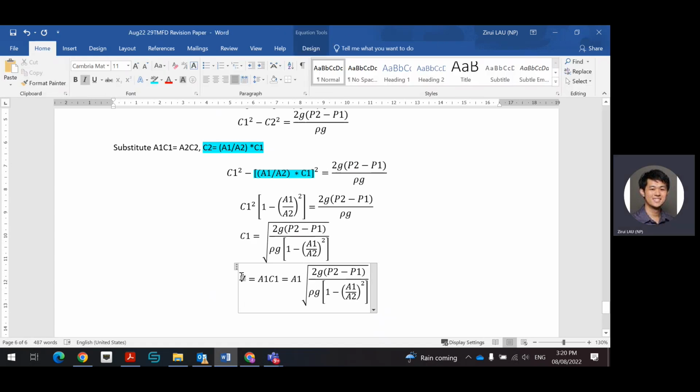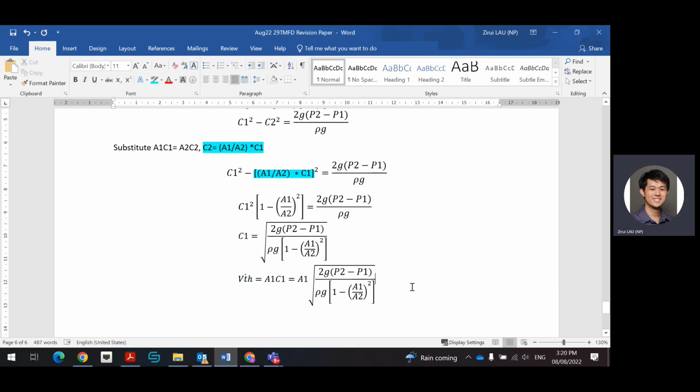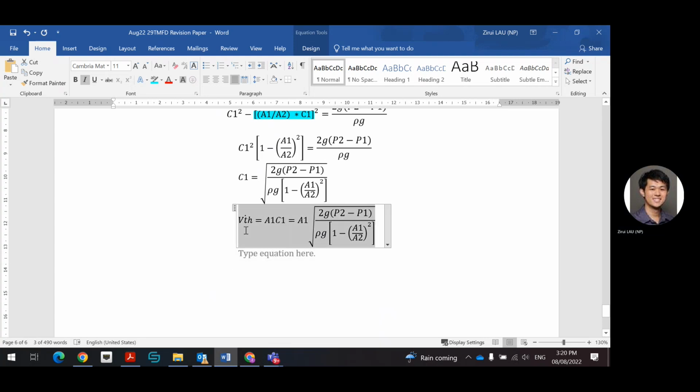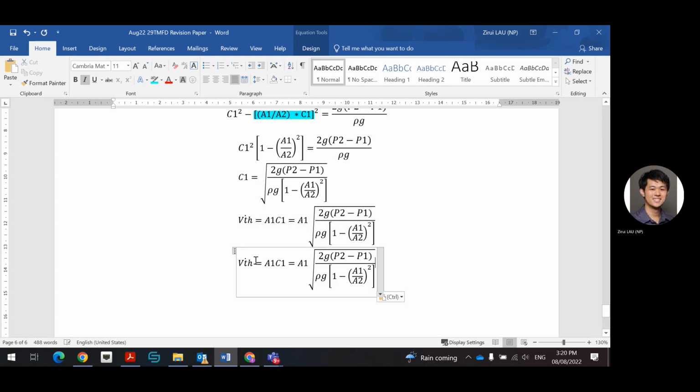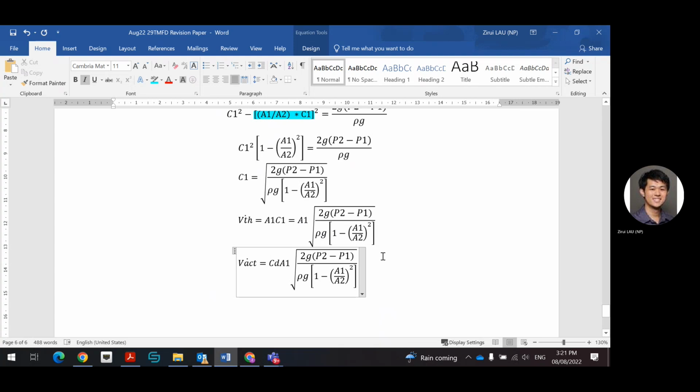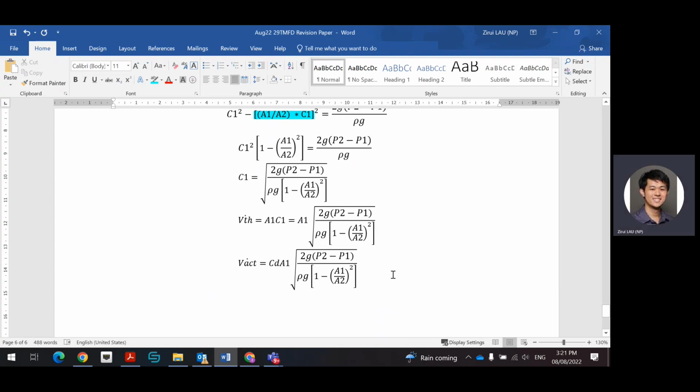Take note, this one is your theoretical flow rate. So what is the actual flow rate? Times your CD. So this is your final equation.